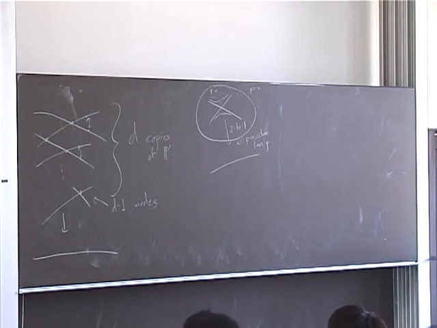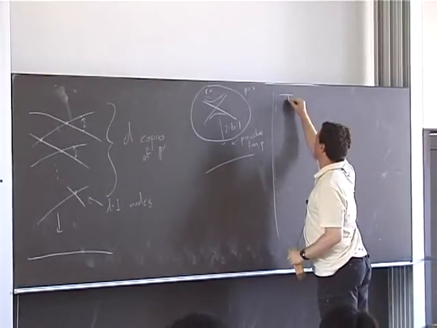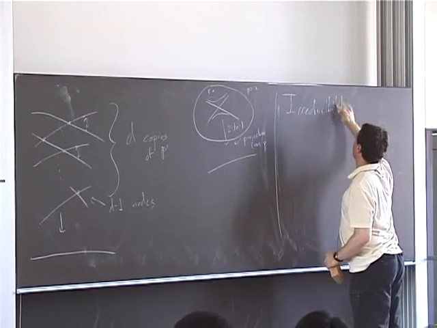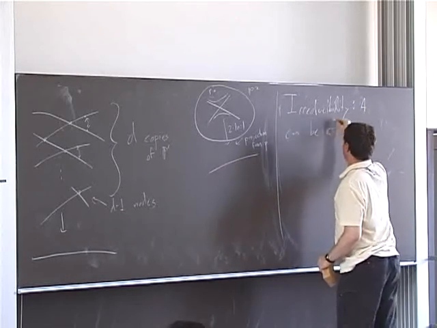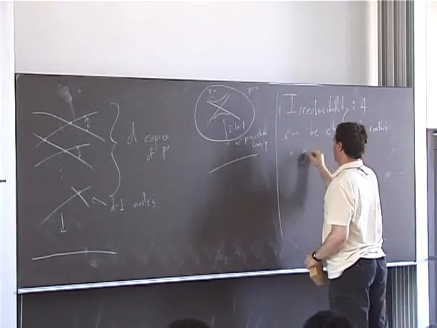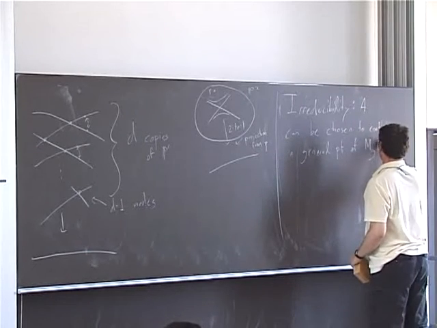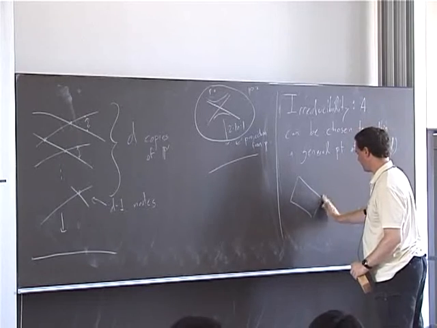And then irreducibility of MGP1D says that this A can be chosen to contain a general point of MGP1D. I mean, what we're worried about is that MGP1D might have more than one irreducible component.